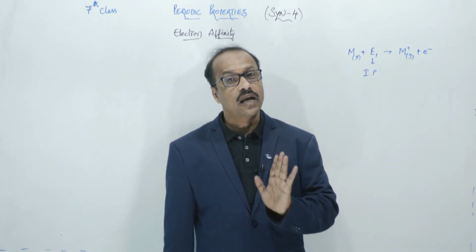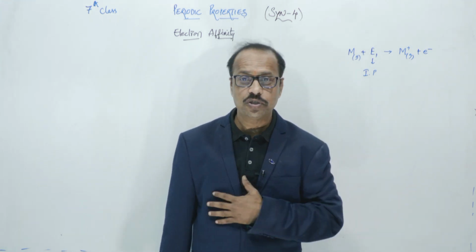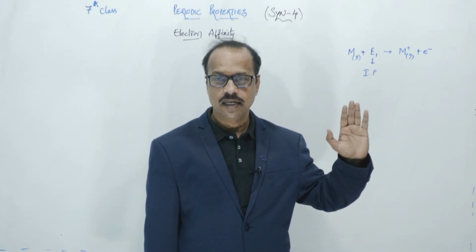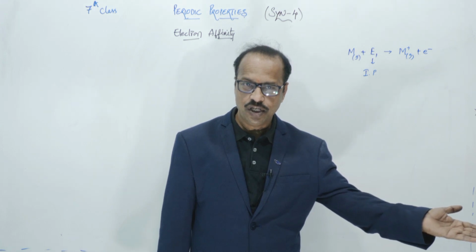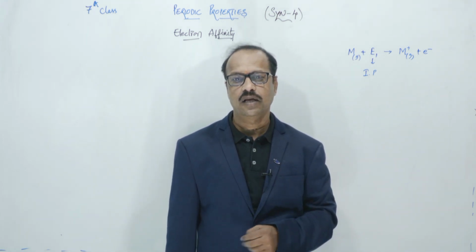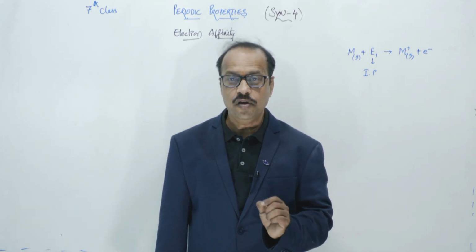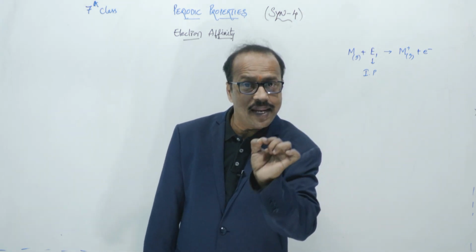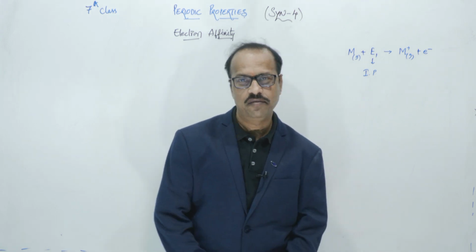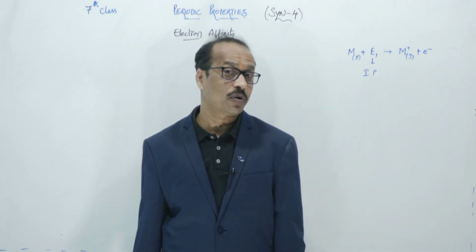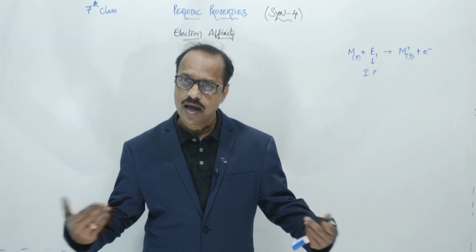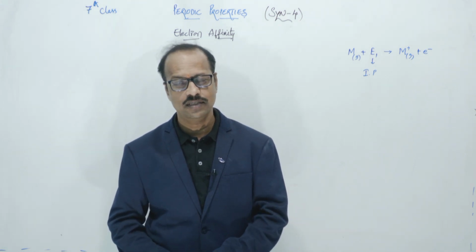Now, exactly opposite to this: here we apply energy to take the electron out. Imagine that if you are giving an electron to the atom, then the atom should give out energy.